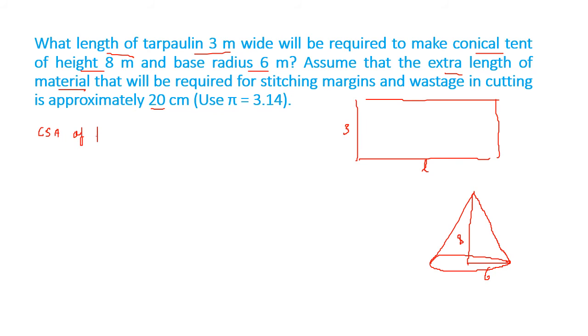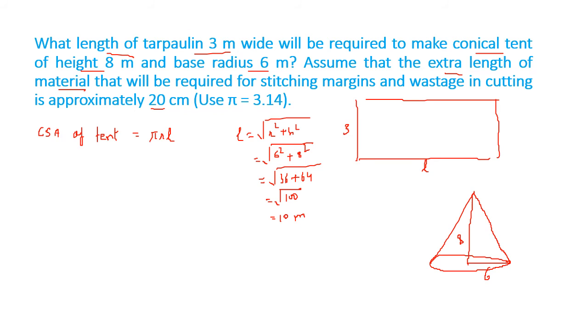So CSA of the tent or the cone, formula is pi r L. What is L? L is under root r square plus h square, equal to under root 6 square plus 8 square, equal to under root 36 plus 64, equal to under root 100, equal to 10. So slant height is 10 meter.